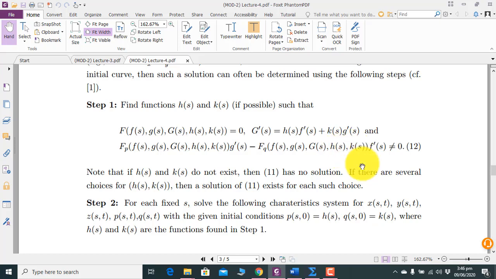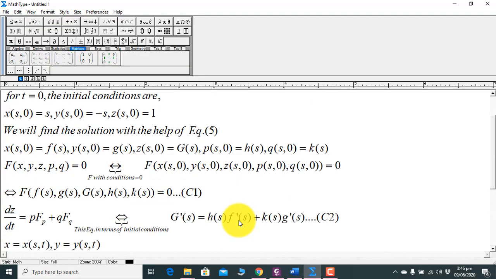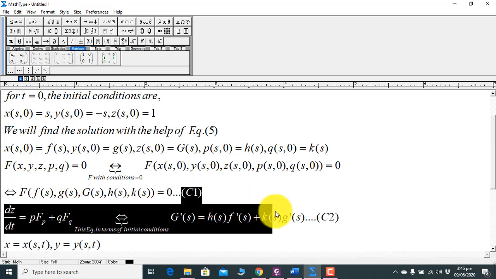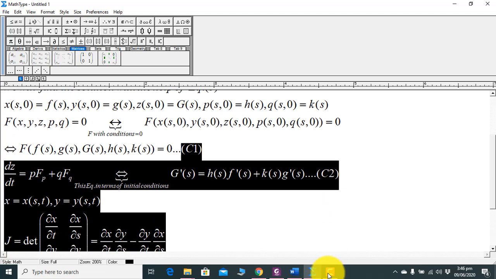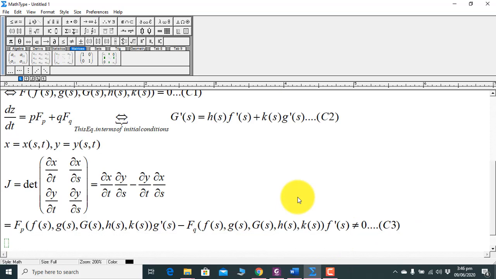So indeed, for the third condition, this must never be equal to 0. We have already decided how you will calculate p and q conditions. There are two unknowns and three equations. You will be surprised to see that since we need only two variables and we have three equations, c1, c2, and also c3, it is a possibility you will not have a unique solution, you can have more than one solution. But be very careful which points you choose from the solution. I mean to say, which h of s and k of s you will select from conditions 1, 2, and 3.